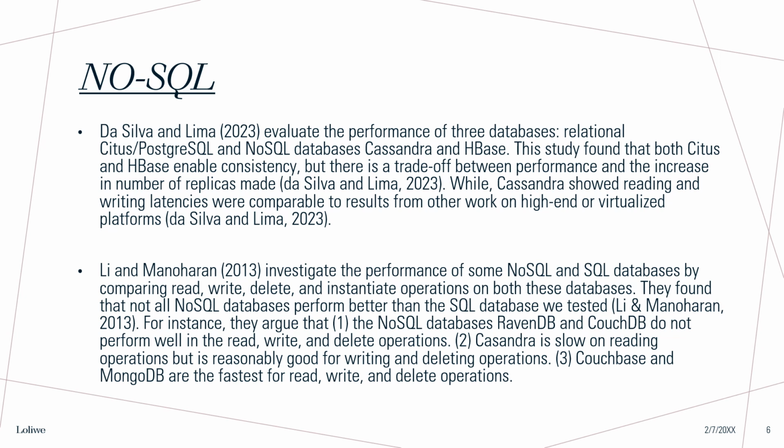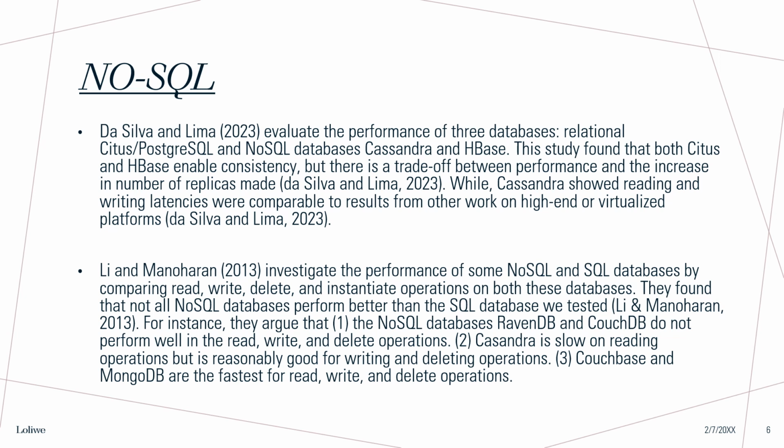Then if we move on to non-SQL databases, Da Silva and Lima, in their 2023 article, evaluated the performance of three databases: relational Citus and PostgreSQL, and non-SQL Cassandra and HBase.